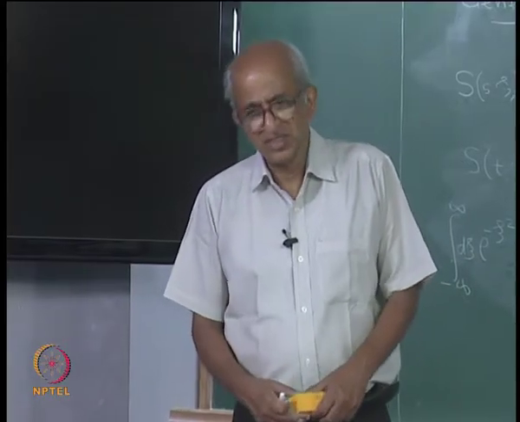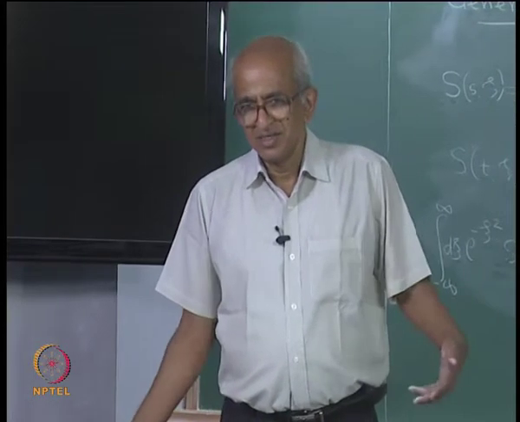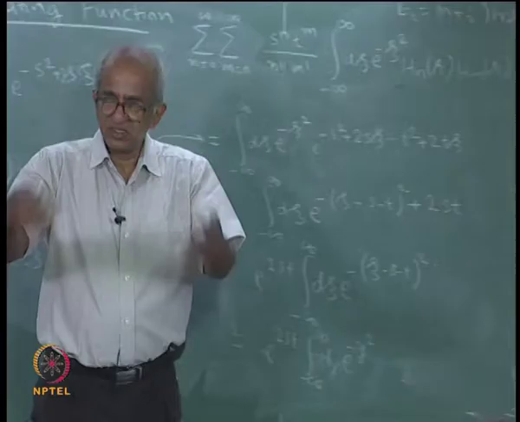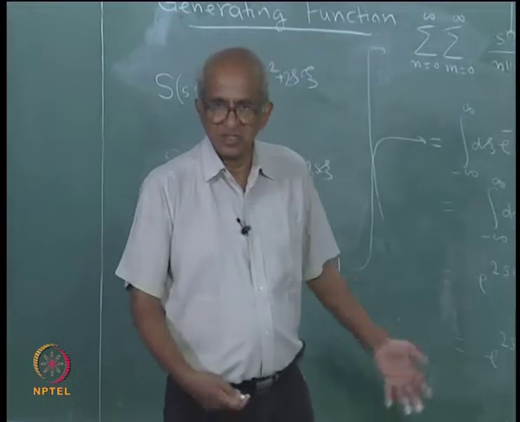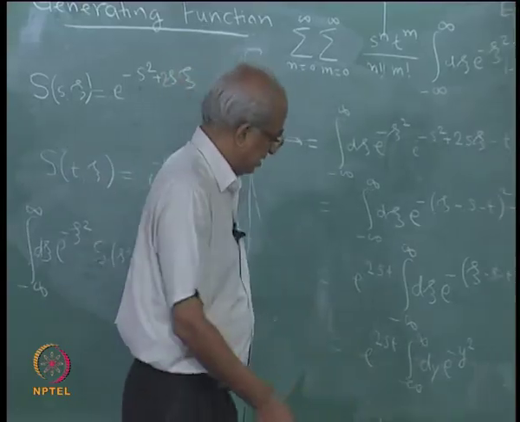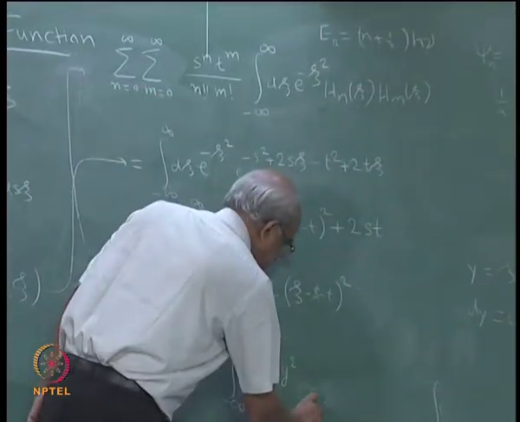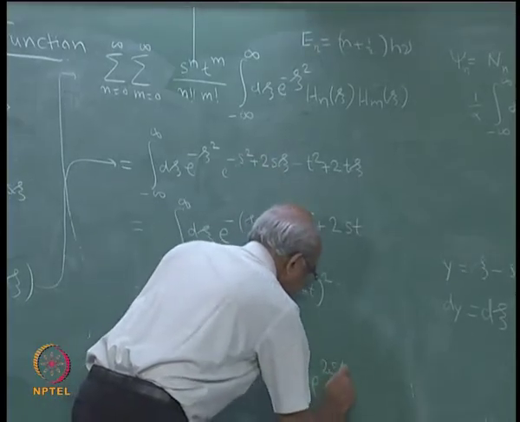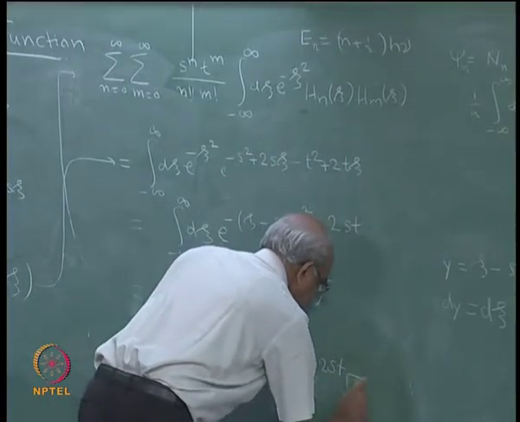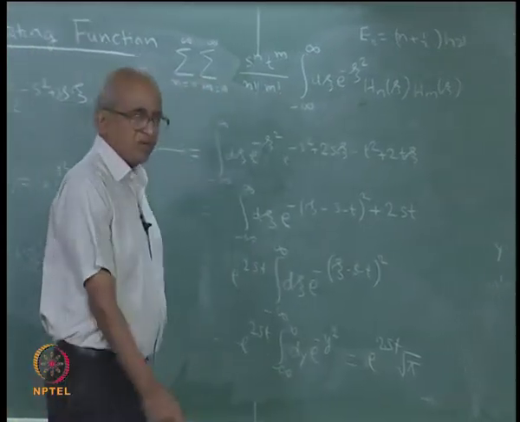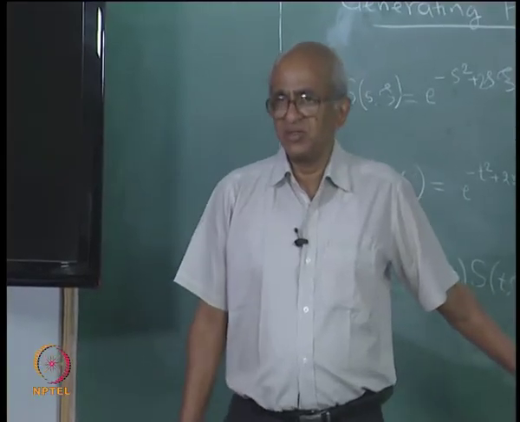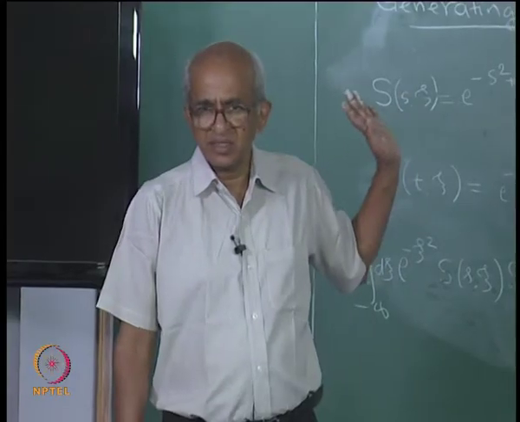I should not say very easy, because it is not very straightforward to evaluate, but because this is a very well known integral, I tend to say that it is very easy, and the answer is actually square root of pi. So, you get the integral to be e to the power of 2st times square root of pi. Okay. Any questions on this? Any point which is not clear?